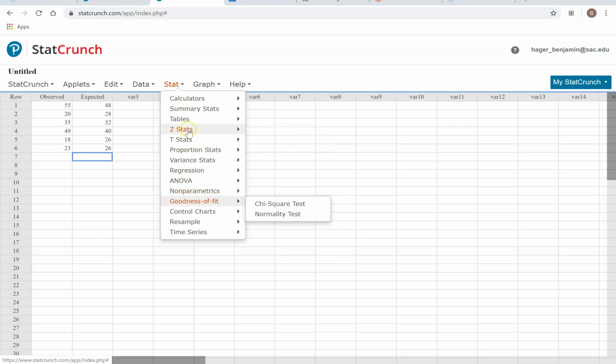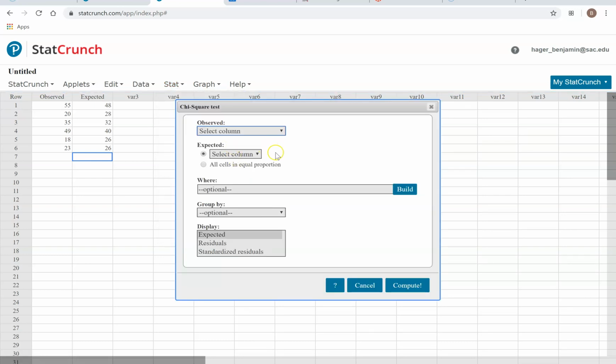All right, so not Z, T, or proportion stats, but down here you've got Goodness of Fit test. We're doing a chi-square test. So where do we get the observed data from? How about the observed column? And where do we get the expected data column from? Expected. Now, one thing you could do is, say M&M's claim that there's an equal percentage of all the colors, right?